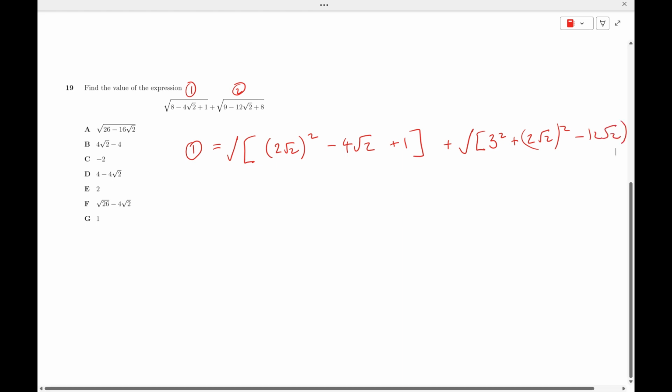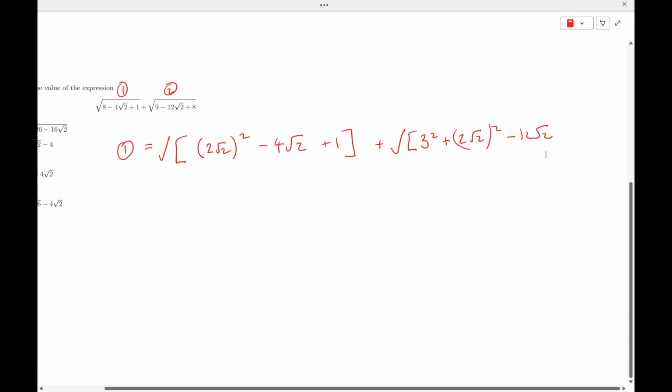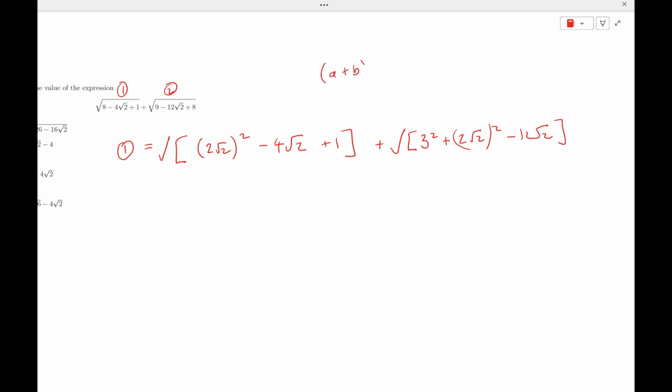Now, that's nice because, remembering a minus b squared is going to be a squared plus b squared minus 2ab. And therefore 1 ends up being the square root of 2 root 2 minus 1 squared.